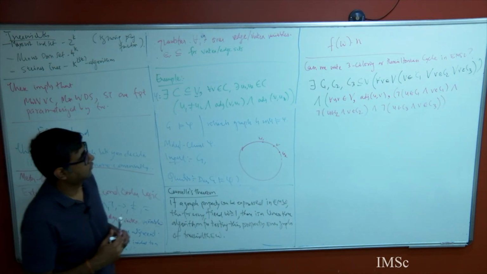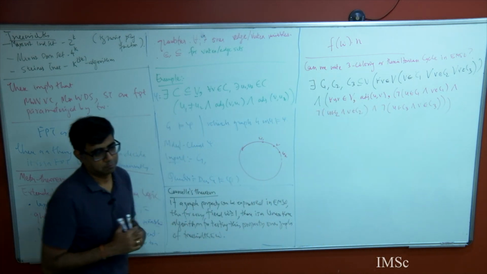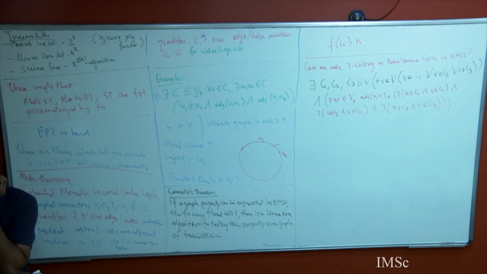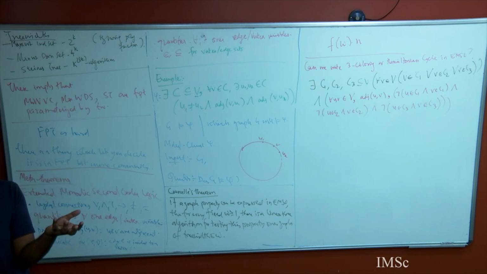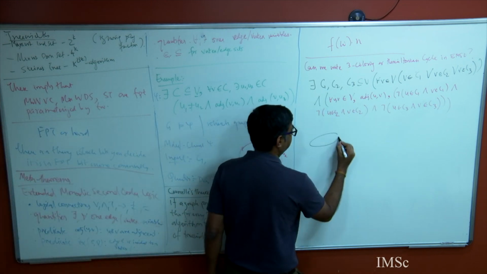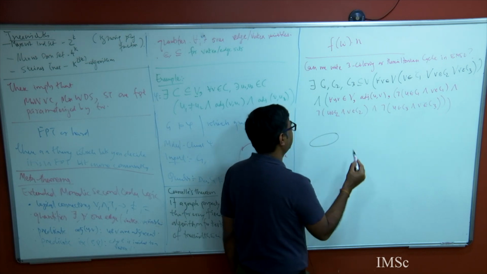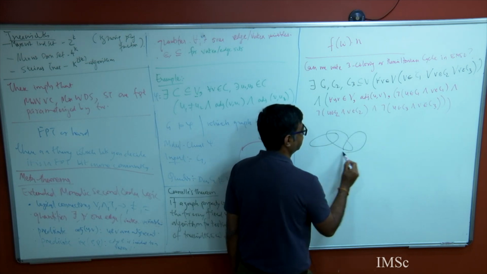Is this enough? I didn't enforce partition. All I said is that there are some C1, C2, C3 covering my graph with 3 independent sets.